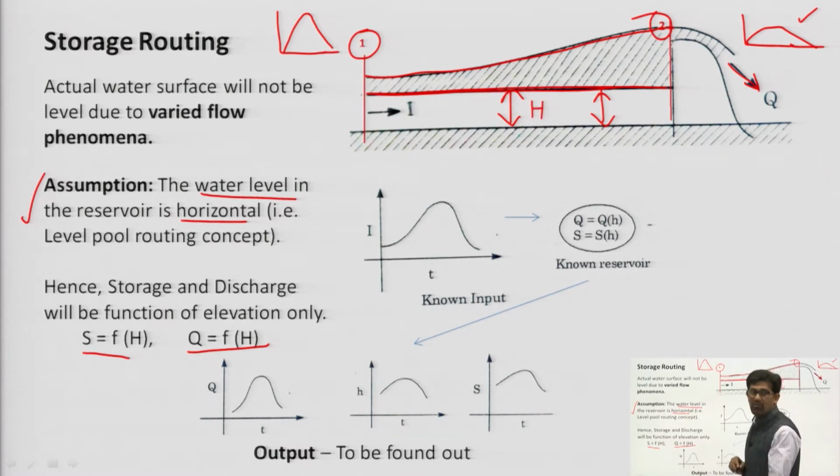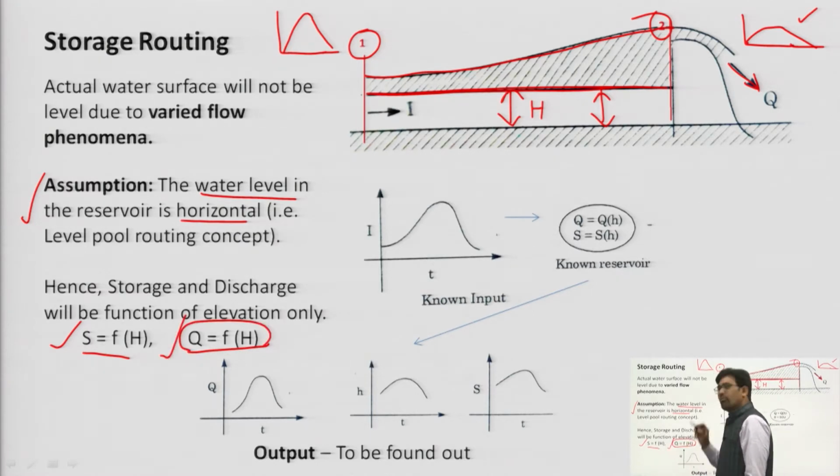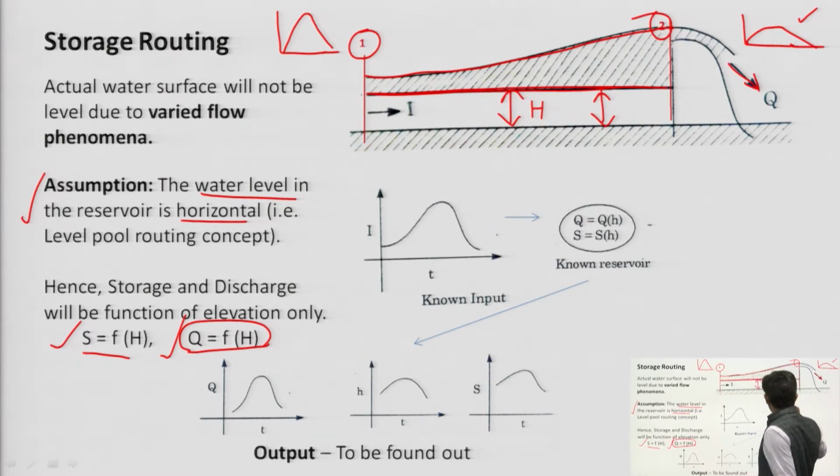Storage will be a function of the depth of storage, and the discharge will also be a function of the depth of storage. It means these two things we can have as known parameters.